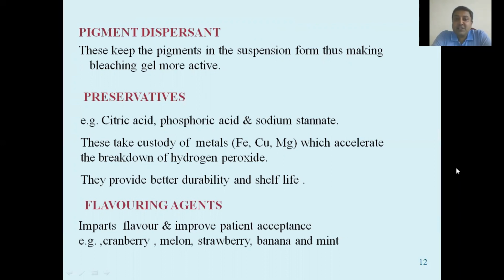They sequester metals which accelerate the breakdown of hydrogen peroxide, and they provide better durability and shelf life to the bleaching system. Next come the flavoring agents. They impart flavor and improve patient acceptance. Common flavors are cranberry, melon, strawberry, banana, and mint.